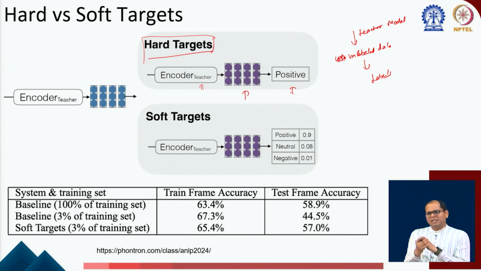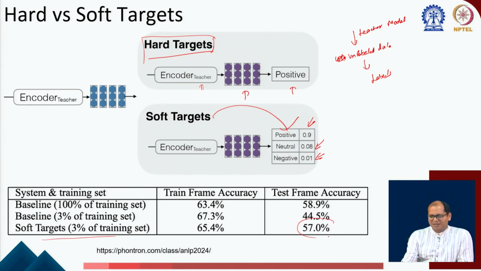But then you can go to a more fine-grained level, saying, let me generate the soft targets. That means just the distribution. Suppose the teacher model gives positive 0.9, neutral 0.08, and negative 0.01. So I'll now try to train a student model such that its label distribution matches that of the teacher, right? And this is what is known as soft target based distillation. What has been seen is that soft targets are typically better than hard targets.